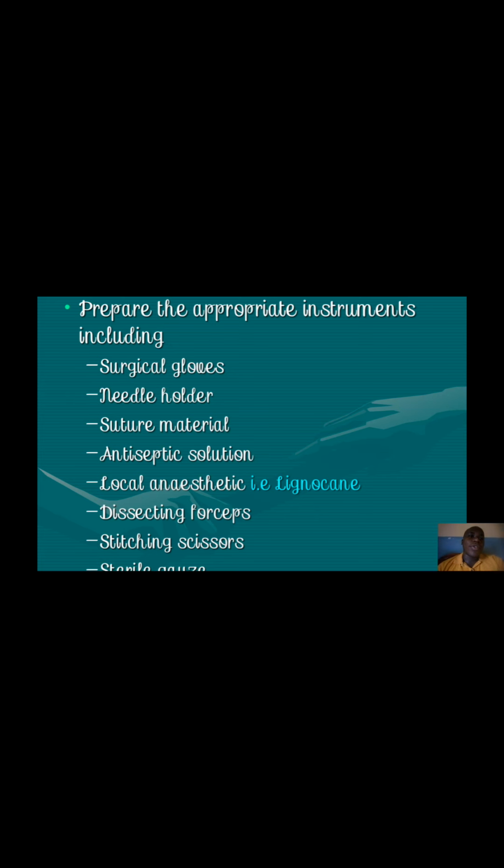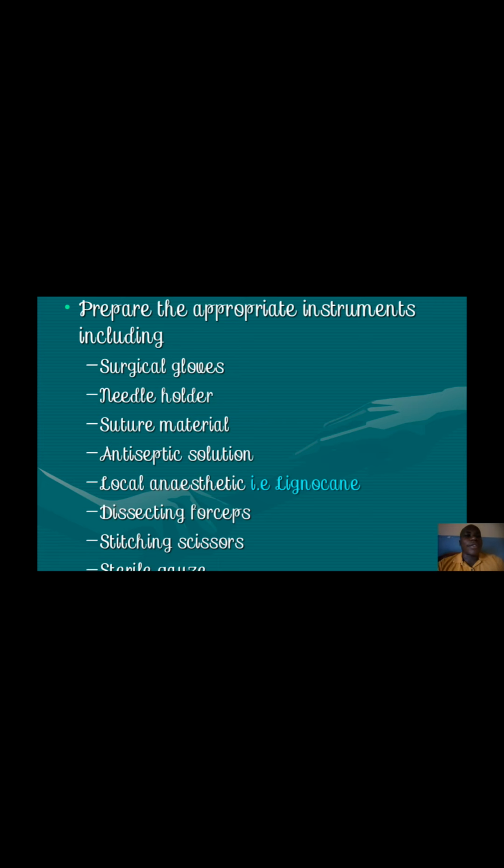So as we saw in second stage of labor kwamba we have to prepare a delivery set. Hata hapa we have to prepare a suturing set, and this suturing set includes surgical gloves. Surgical gloves, zile sterile gloves ambazo zipo kwenye karatasi, sio ambazo zipo kwenye box kila mtu anachukua, kwa sababu hii ni sterile procedure. Make sure there are surgical gloves.